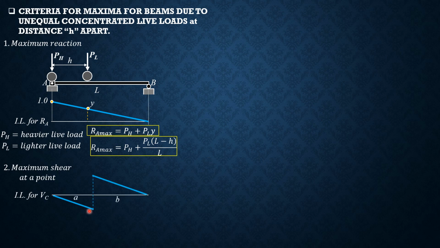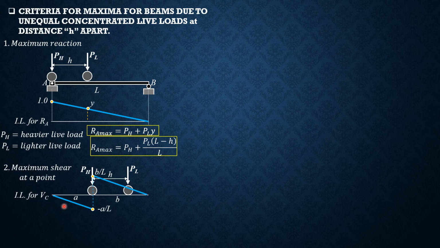Remember, this is the influence line for shear at point C. For example, this is C. This is negative A over L, and this is B over L. Now, if B is greater than A, B over L would be greater in magnitude than A over L. Therefore, based on this influence line, the heavier load should be over the B over L ordinate, and the lighter load should be on this portion of the segment B. That should be the arrangement.